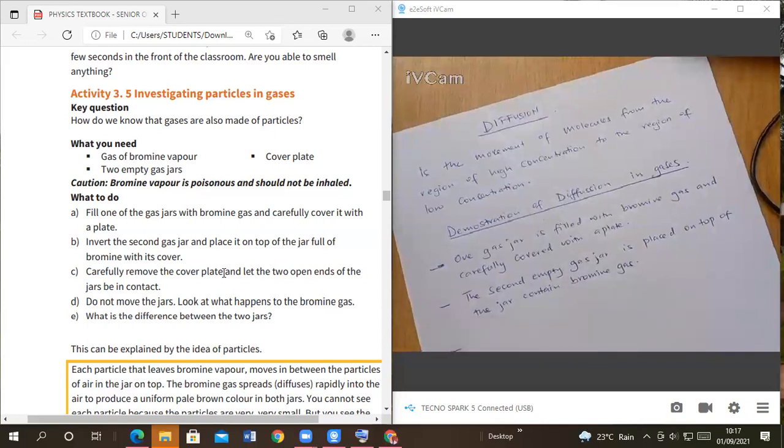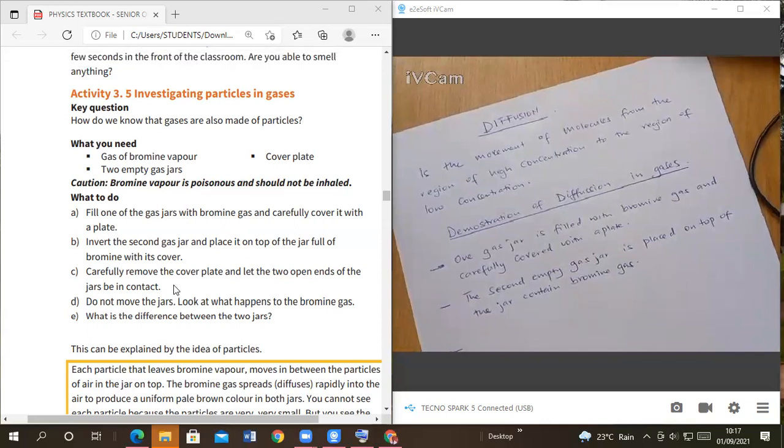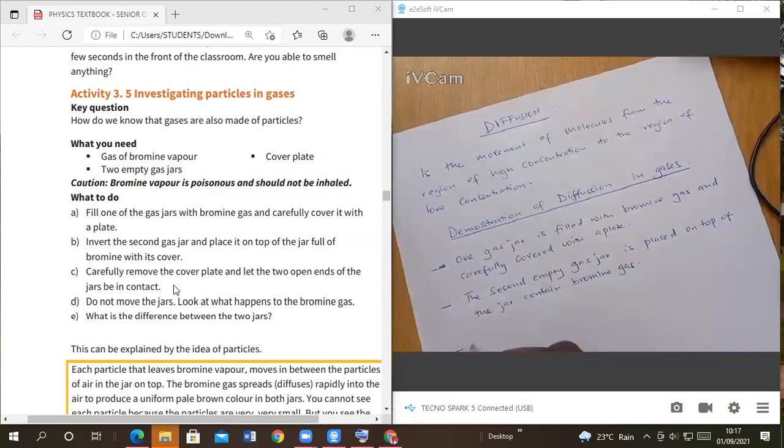Now the next step is: carefully remove the cover plate and let the two open ends of the jars be in contact. So now the cover plate is removed.